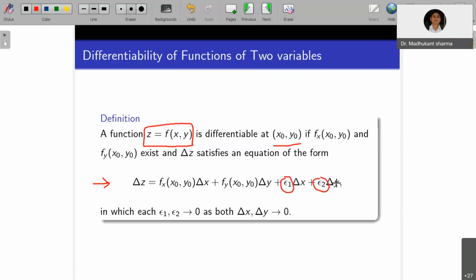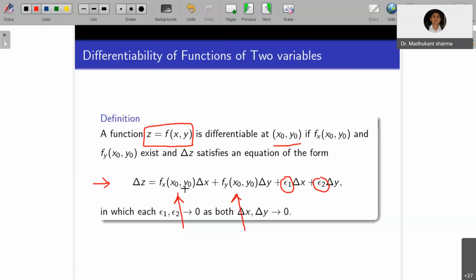If you are able to express the increment in z in this form, then concentrate on the right side. It involves the first order partial derivatives. So the first thing you should check is that the first order partial derivatives exist; only then is the right hand side expression valid.